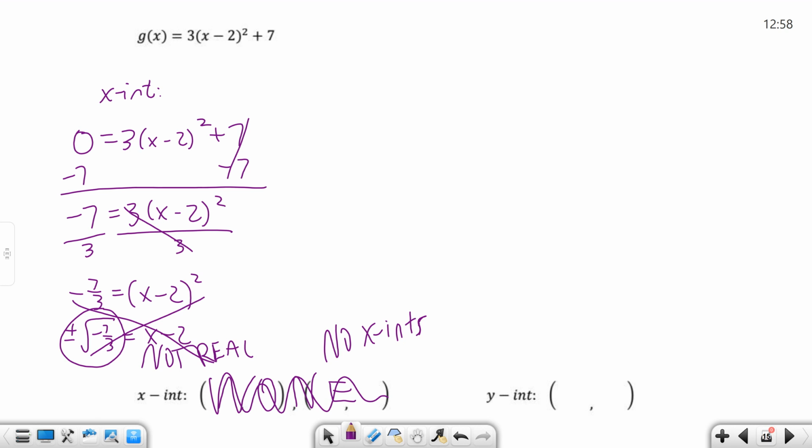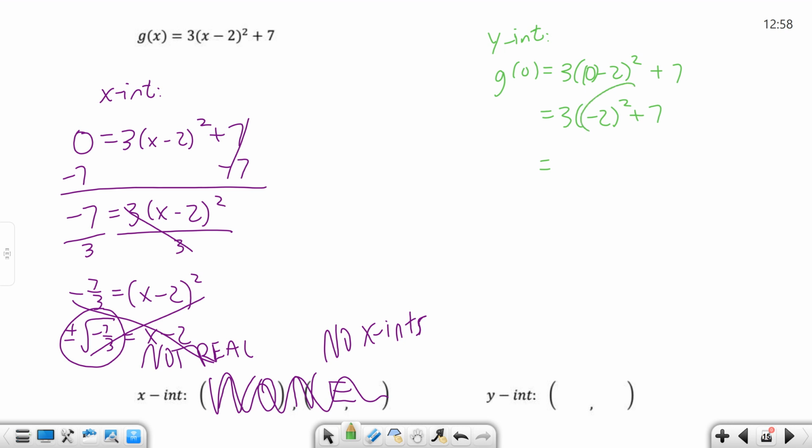All right, so what about the y-intercept? For the y-intercept, it's not just going to be looking at it and saying, oh, it's the constant c. It's not 7. We're going to have to find g of 0, and we're going to go 3 times (0 minus 2) squared plus 7. I'm plugging that in for x. So this is going to be 3 times (negative 2) squared plus 7, and that must be in parentheses.